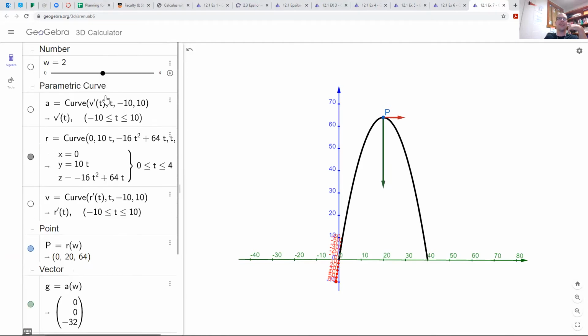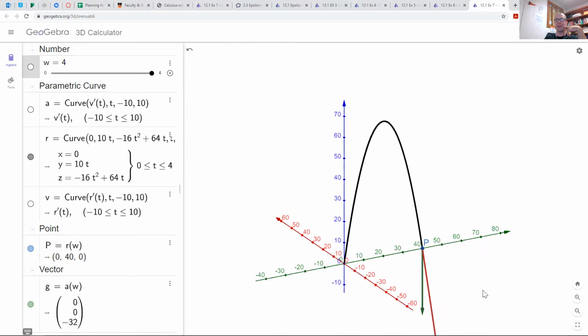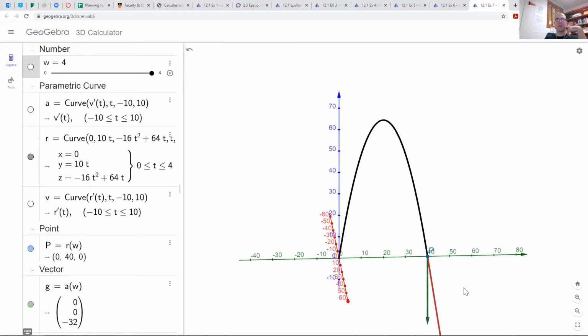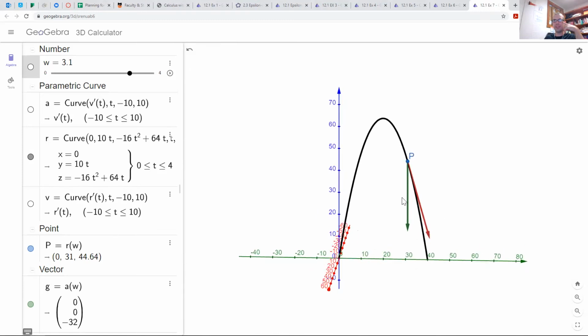And then at 4, at the end, we would be at 40 and 0 for the z value in terms of our position. But making something like this and going through the effort allows you to just get whatever t value you want, and you're able to see all of those things working together. I think that's cool.